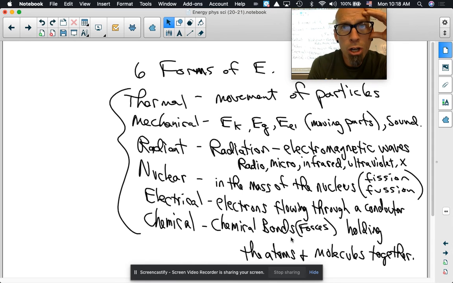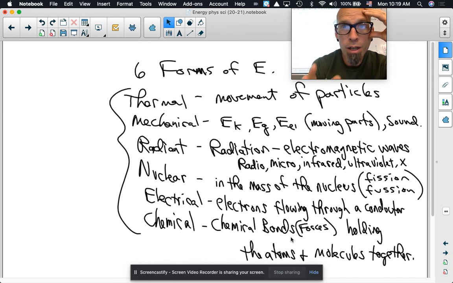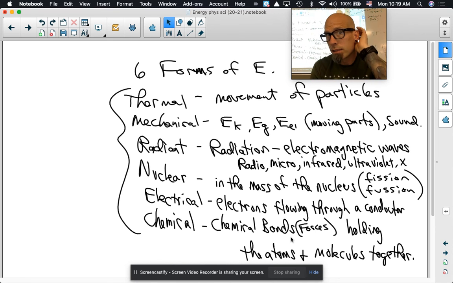And because a log or paper or any kind of organic material like that can be burned, or even if it's a fossil fuel like coal, oil, gasoline, kerosene, any of those kinds of fuels that can be burned, natural gas, propane, they have chemical energy in the chemical bonds that hold that stuff together.